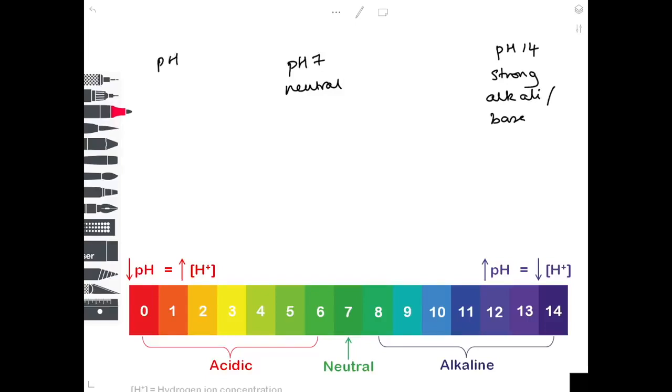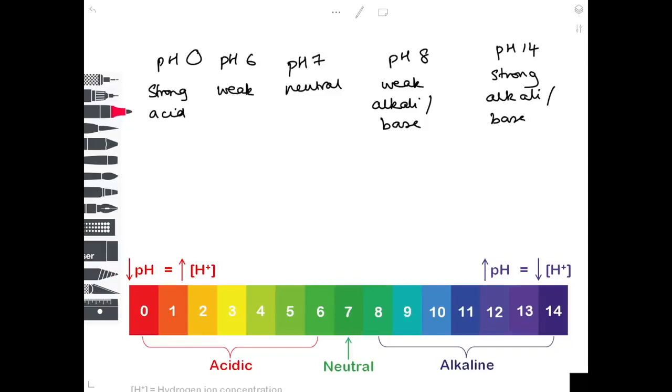A pH of 0 will be a very strong acid. And then you have the intermediate values, so pH 8 will be a weak alkali or base. A pH of 6 will be a weak acid.